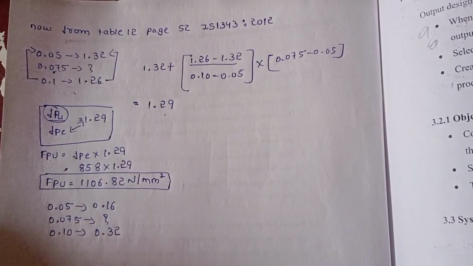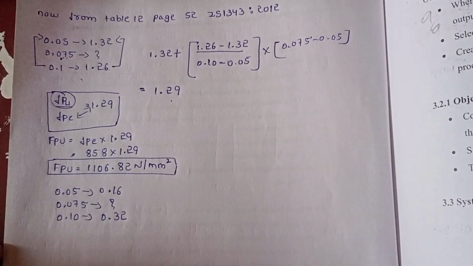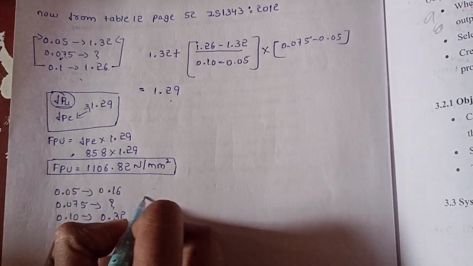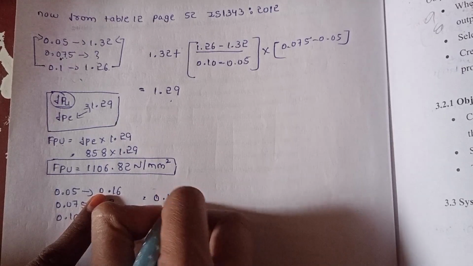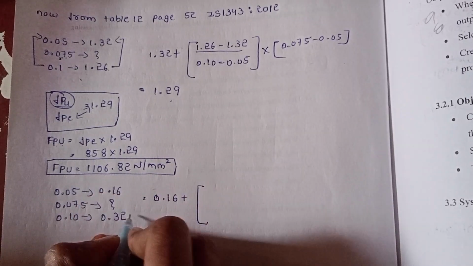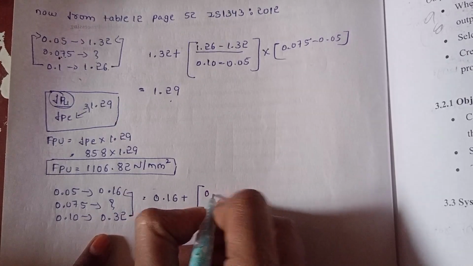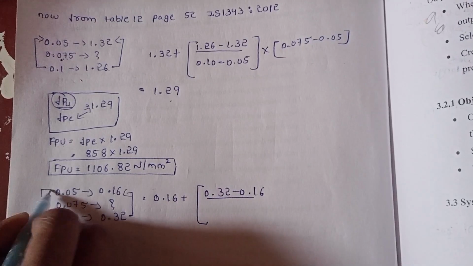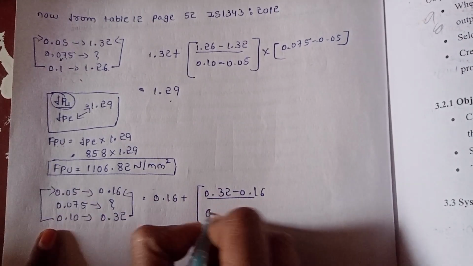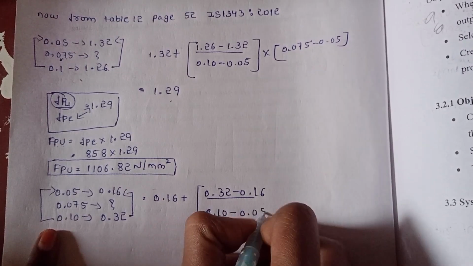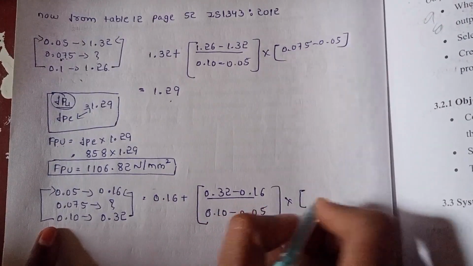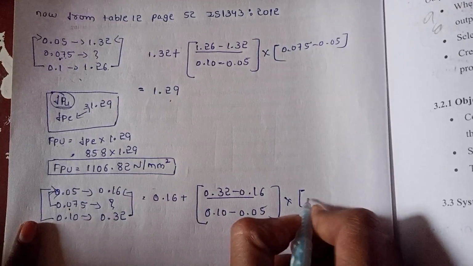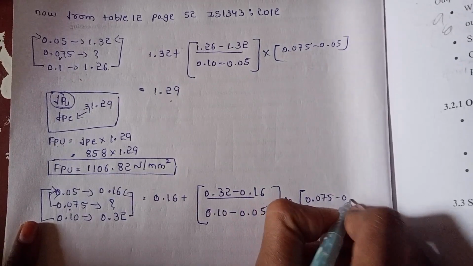Again with the help of interpolation, we find the XU by D value. So 0.16 plus this value minus this value, 0.32 minus 0.16 divided by 0.10 minus 0.05 bracket close, into bracket open, 0.075 minus 0.05.